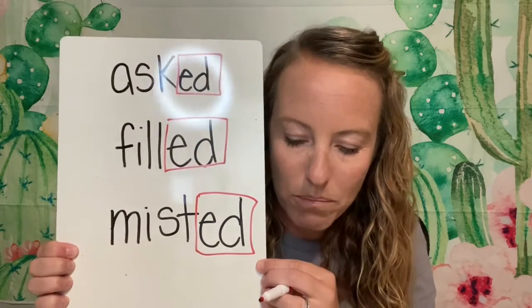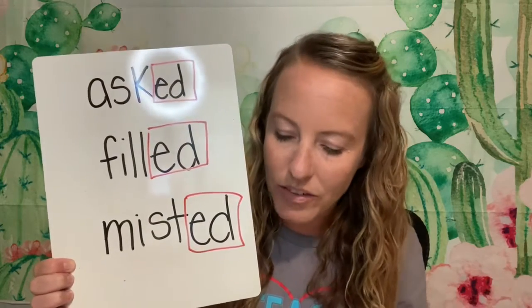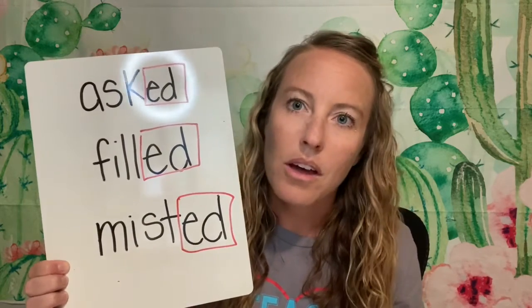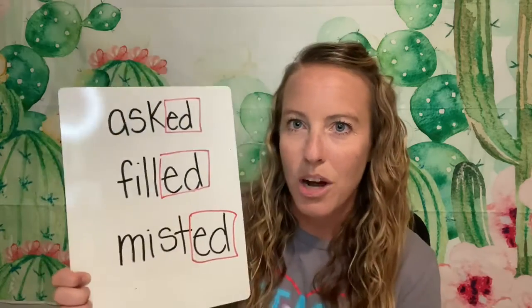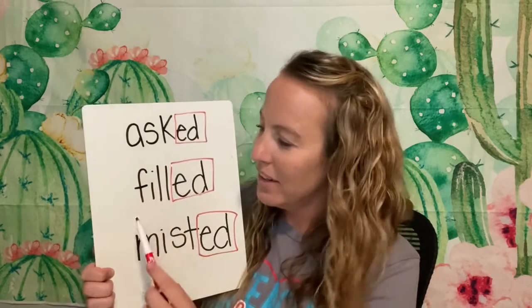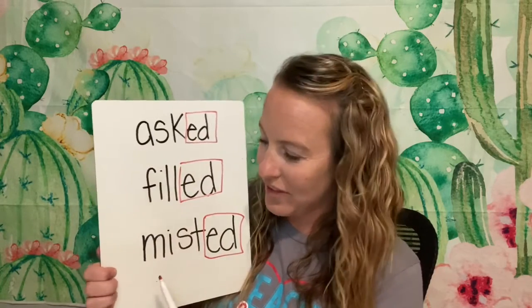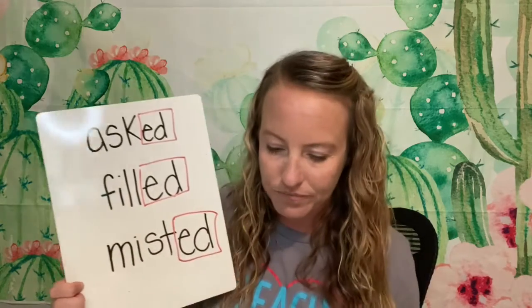All of them are boxed now. So what should we do after we box the suffix ed? We should make sure that there is a root word. Good job. Now let's take a look. Ask, fill, mist. So all of these have a root word.